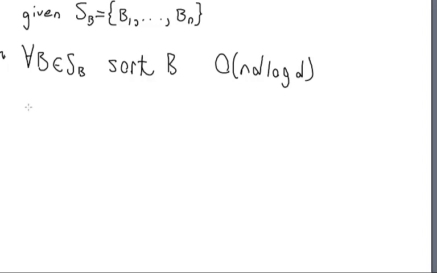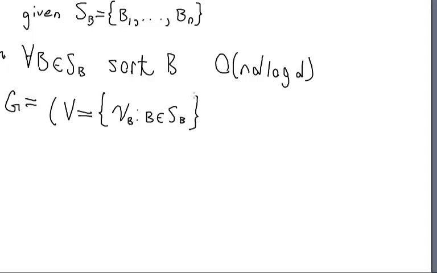And remember that S sub B is a set of sets. So we have to create a graph for this. What we're going to do is define a graph, and we'll say this is not strict syntax really, but we'll define V as V sub B, and then we union this with, let's call it VS for starting and VE for ending.